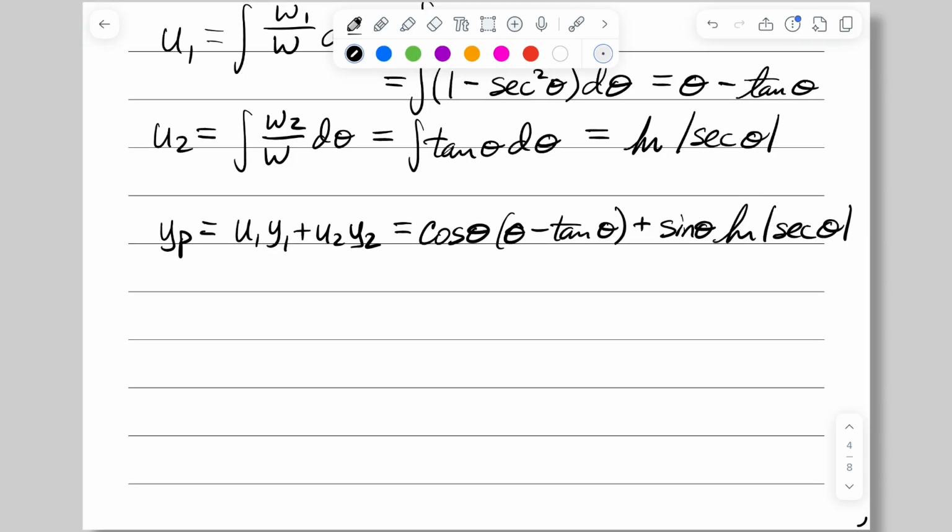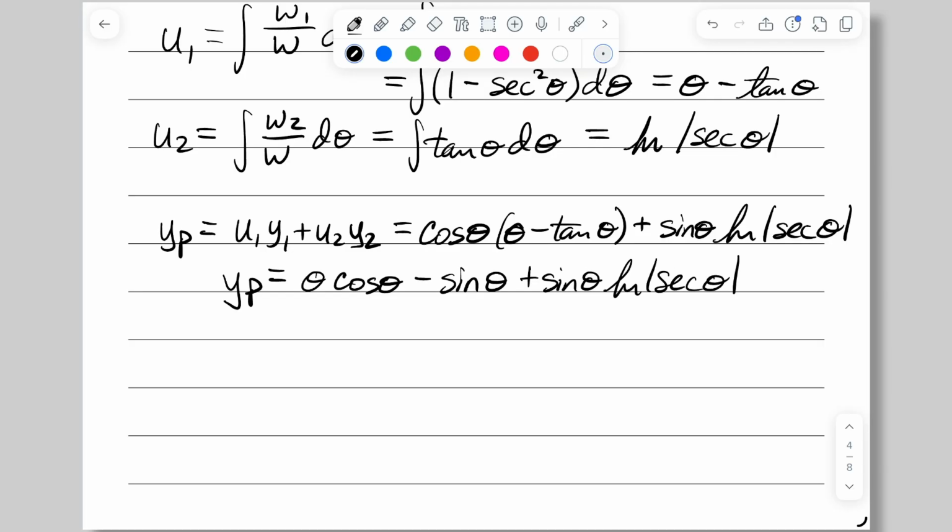We can simplify because cosine of theta times tangent of theta is the sine of theta. So yp is theta times the cosine of theta minus the sine of theta plus the sine of theta times the natural log of the absolute value of the secant of theta.